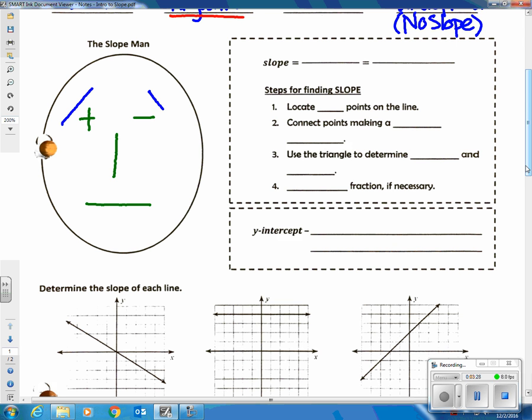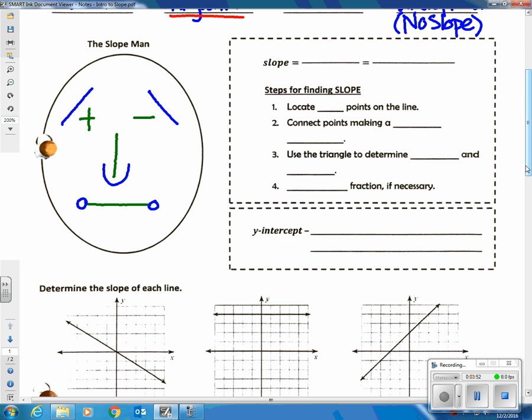Negative goes down. My vertical slope, remember, was undefined. So I'm going to put like a U there to kind of help make his nose. And my horizontal slope has zeros on the end of it to remind me that horizontal slope is 0 slope. So that's our little slope man.